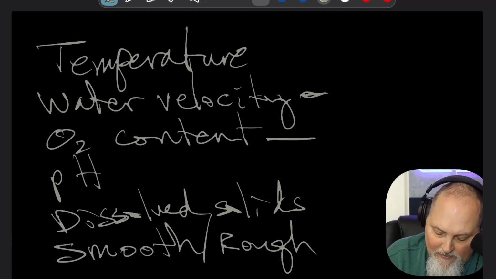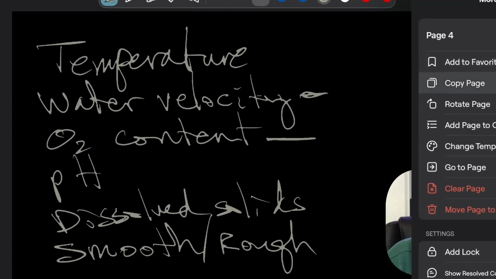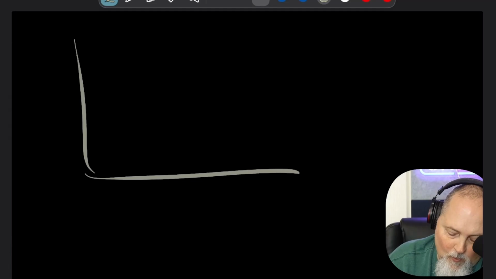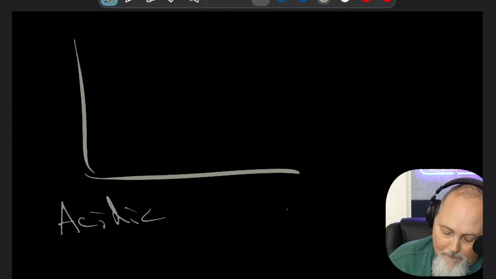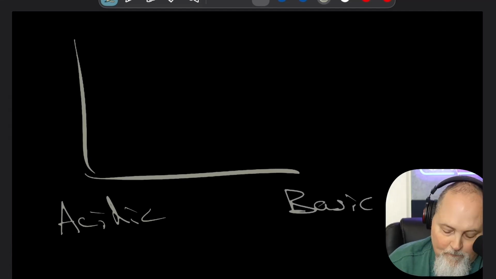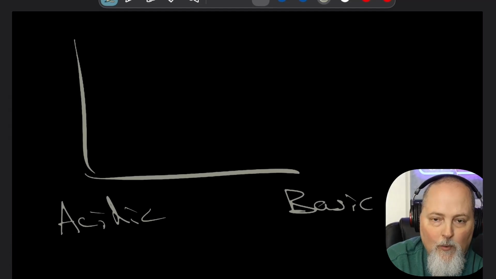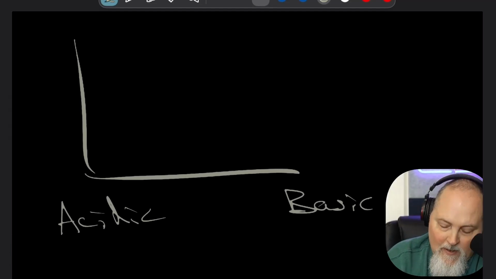Now let's talk about the pH real quick, because there's a band, and I think you see this in your PowerPoint. Over here in really acidic versus very basic, there's a curve. You get a lot more corrosion when a fluid is highly acidic, but that doesn't mean there's no corrosion when it's highly basic.